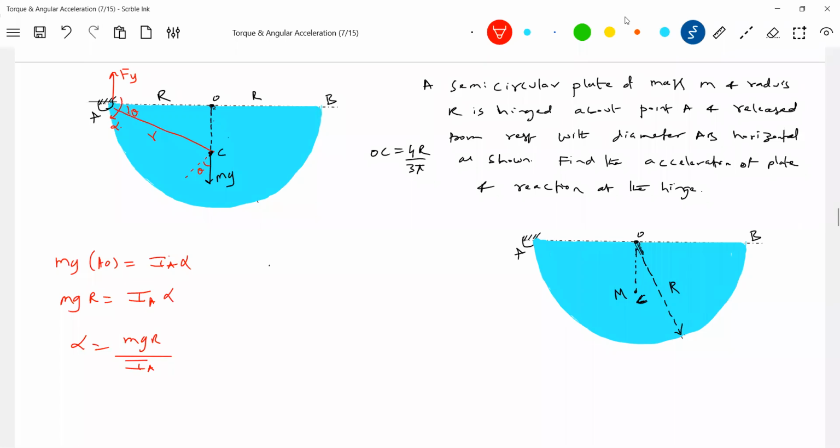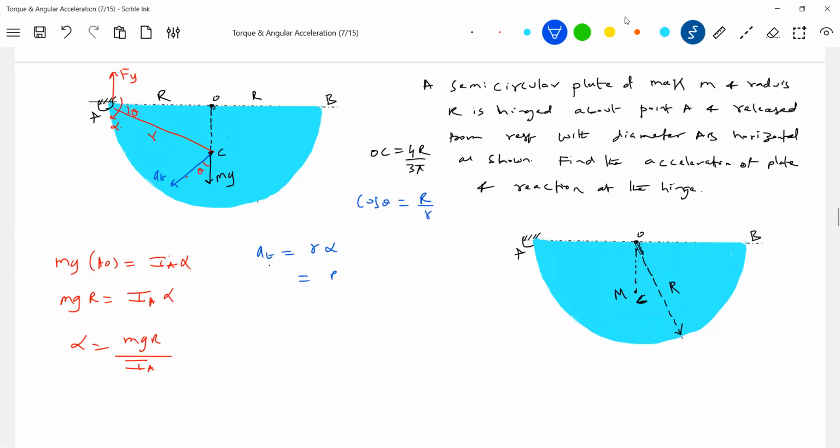Then because of angular acceleration, it will have tangential acceleration in this direction. So what is a tangential? a tangential should be equal to r alpha. What is r? We know this distance is 4R by 3 pi. So cos theta is equal to capital R by small r.